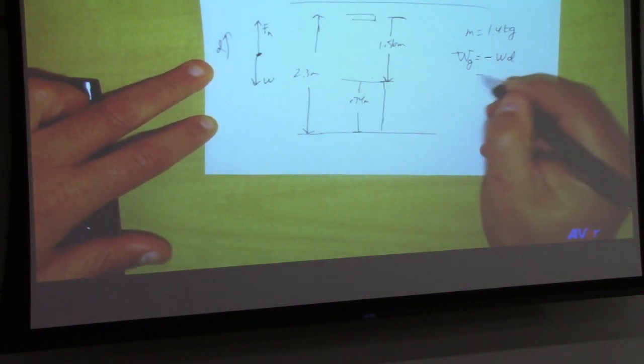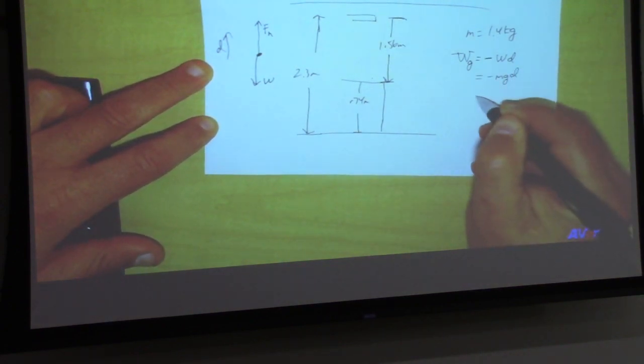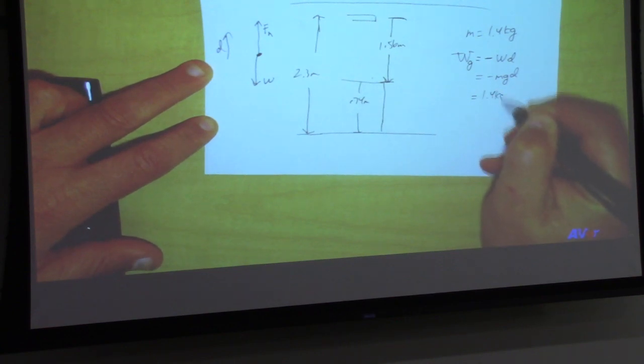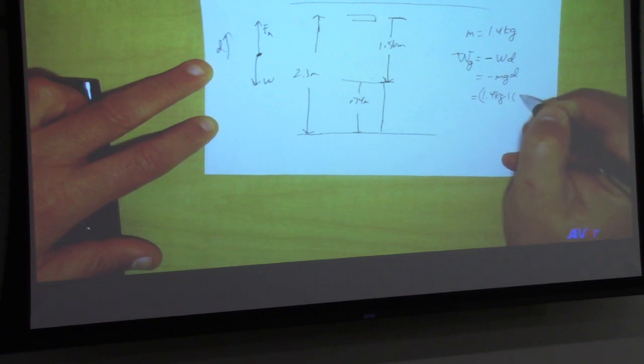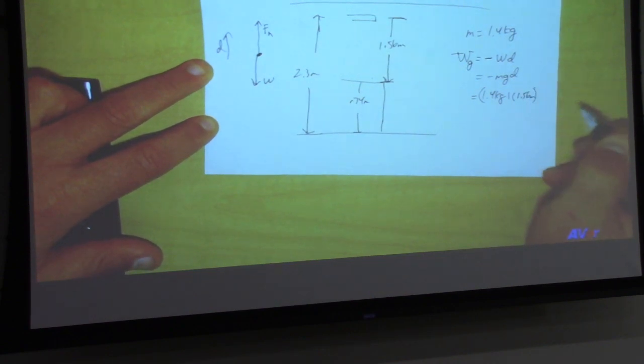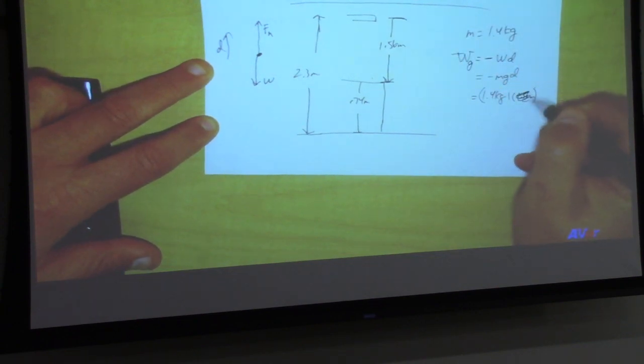Okay, so remember what the weight is, mg, and then times d. So we've got 1.4 kilograms, and then 1.56 meters. That's the weight, and then the distance we go through. Oops, sorry, I misspoke here. This should be 9.8, right? That's what g is.